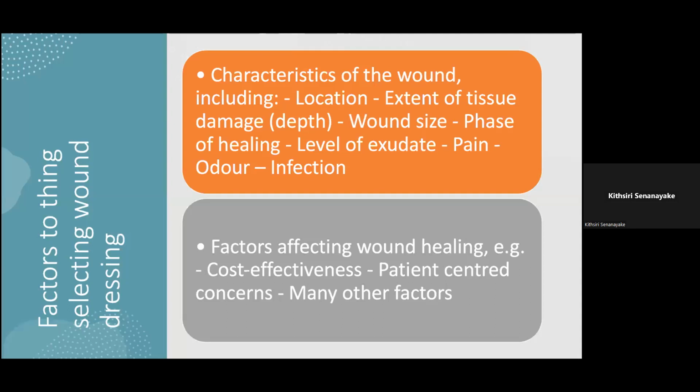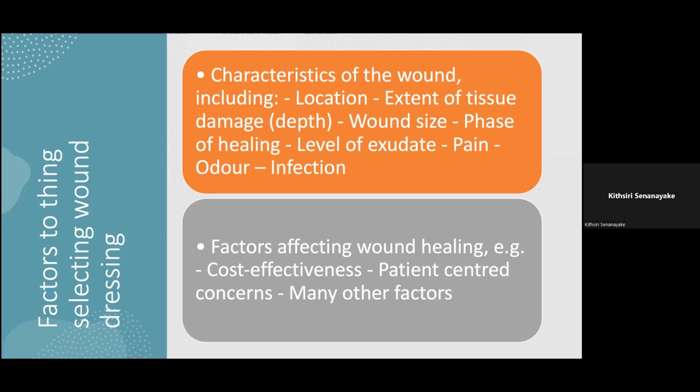Okay, so what factors should we think about when selecting a wound care product from all this large selection? Obviously we need to think about the characteristics of the wound, including the location. For example, if you dress a heel wound, then sometimes you may have to think about what kind of dressing we need to do.